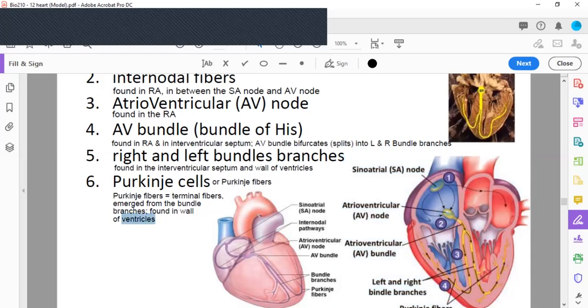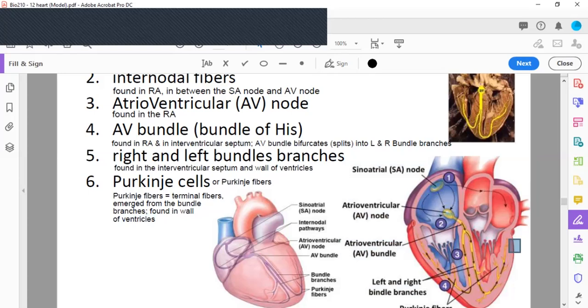Number four is going to be known as AV bundle, or AV bundle of His. And number five, the left and the right bundle branches. And number six, you have these little branches that come out. They are known as Purkinje fibers.